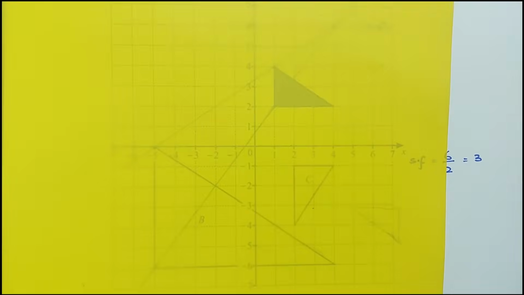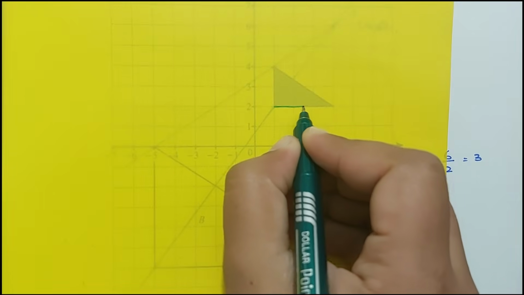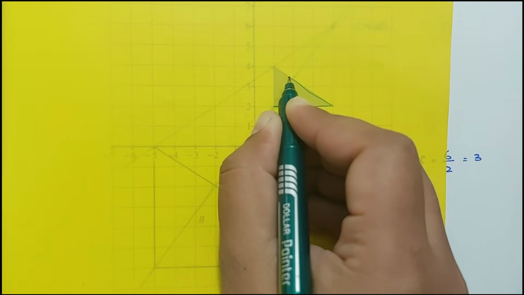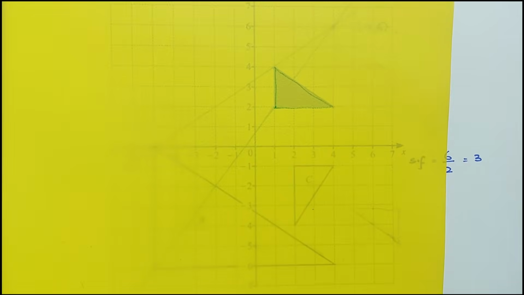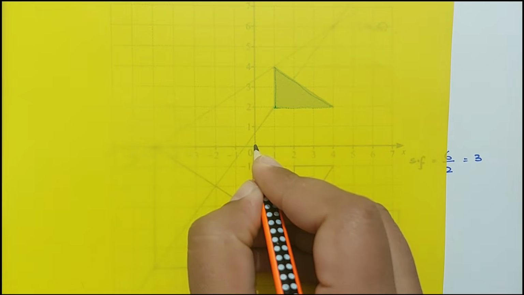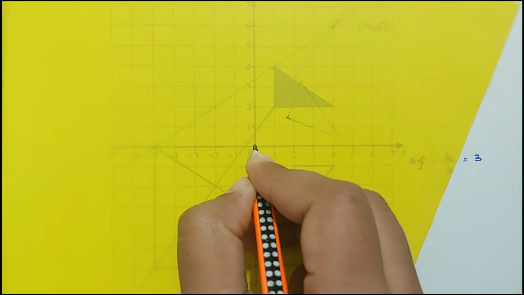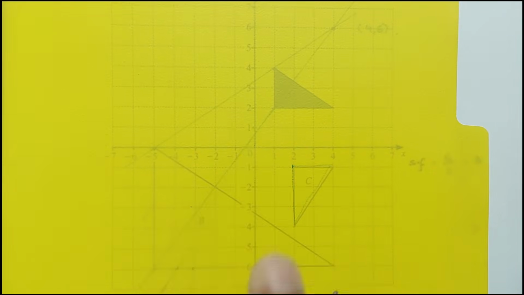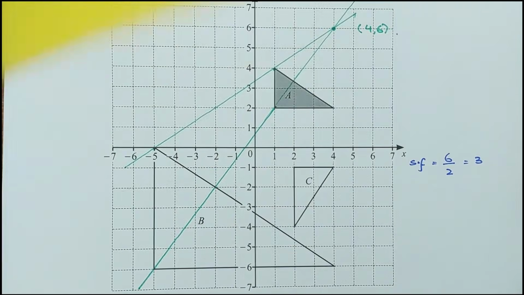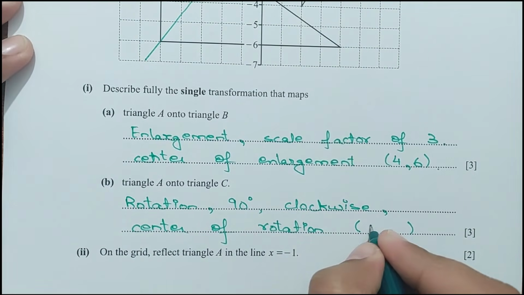Let me trace the triangle A and rotate it 90-degree clockwise. Let me fix a center origin first and rotate the shape. Yes, so the center of rotation is the origin, 0, 0.